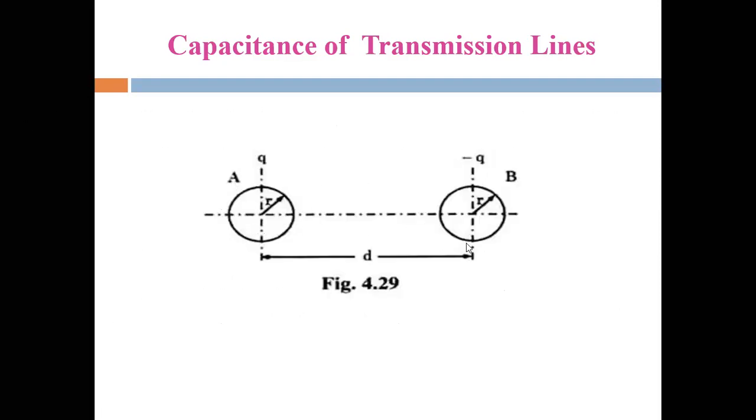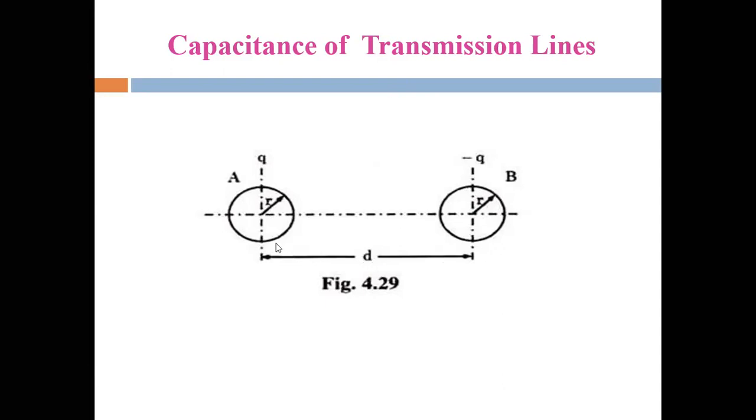These are the two parallel conductors, conductor A and conductor B. Conductor A has q coulombs and conductor B has minus q coulombs. The distance between these two conductors is d meters.